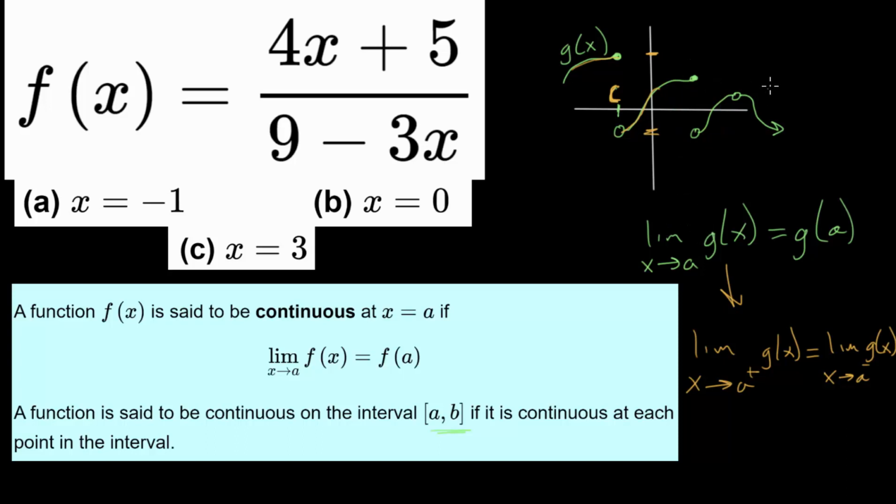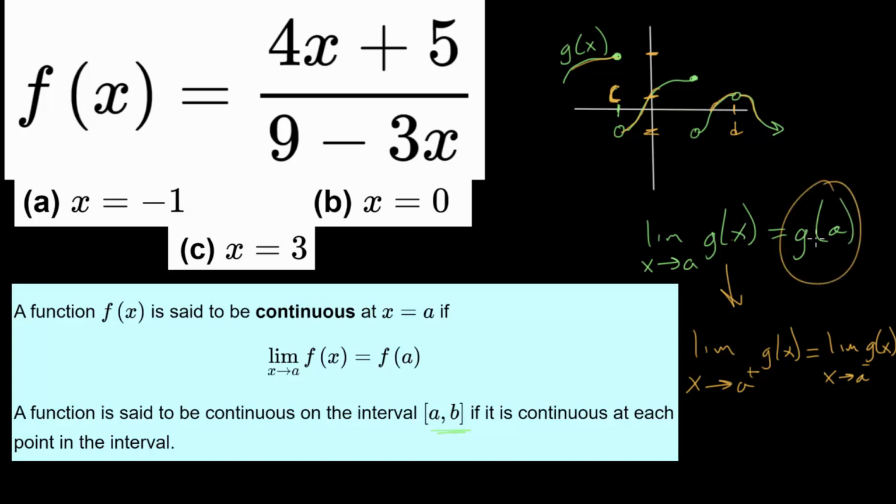And looking at this final hole right here, we can see that as we approach, let's say this is d, as we approach d from the left and as we approach d from the right, they do actually equal the same y value. So in this case, the limit does exist and it's equal to whatever this y value is. However, the function does not exist there.